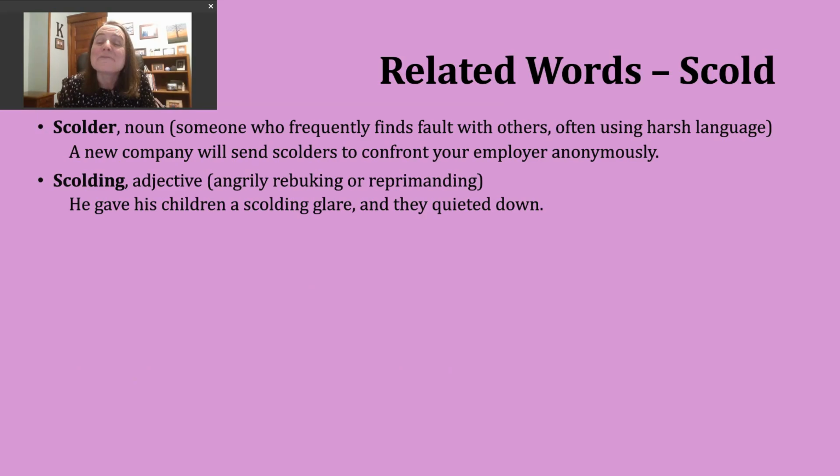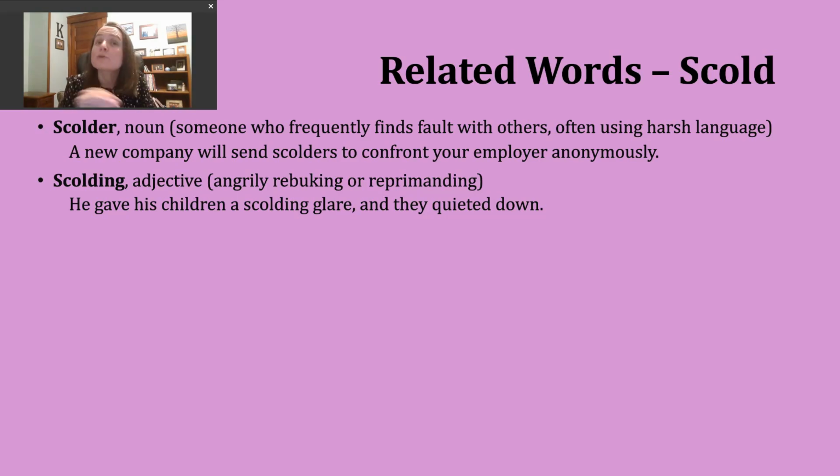We've talked about scolding as our progressive form of the verb, but it can also be an adjective. The adjective is going to have that same spelling, so just adding ing, same pronunciation. And if we use this word as an adjective, we're describing something or someone angrily rebuking or reprimanding. Again, that idea of like, don't do that, don't behave in that way.